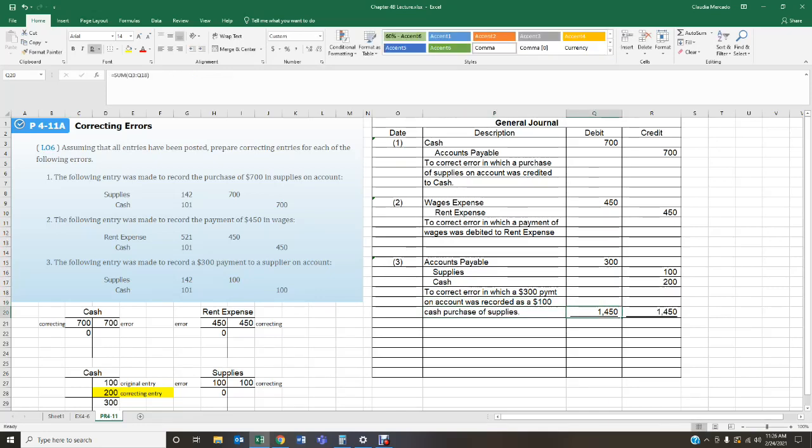So we are making that correction there. So it says to correct error in which a $300 payment on account was recorded as a $100 cash purchase of supplies. So this is the correcting entry that must happen.